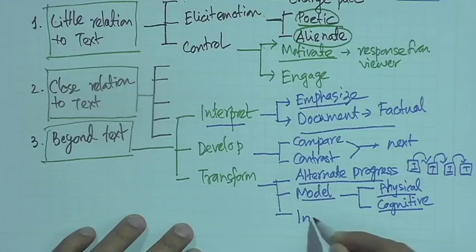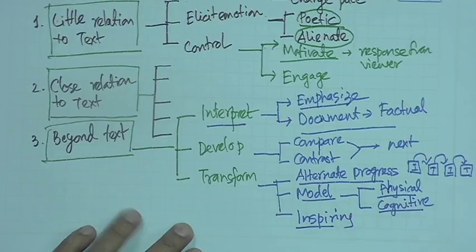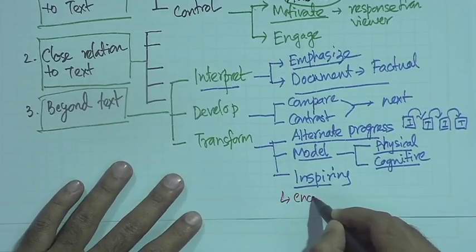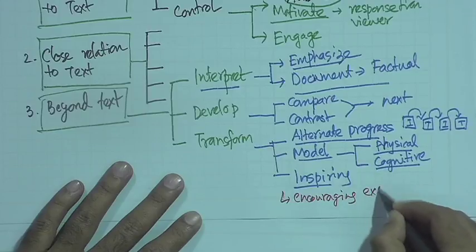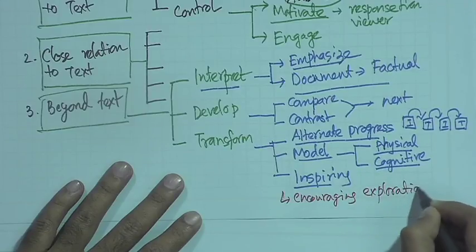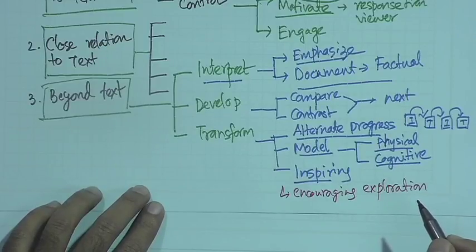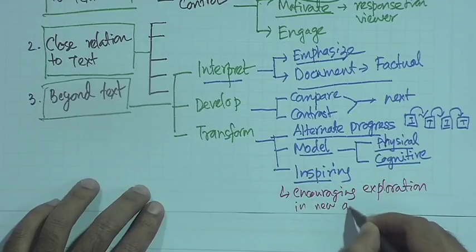Now, coming back to the last one, which is the case of inspiring, where in case of inspire what is happening is you are encouraging exploration of the viewer. So, this is a very, very crucial aspect where your transformation takes place and you are encouraging exploration in new areas.